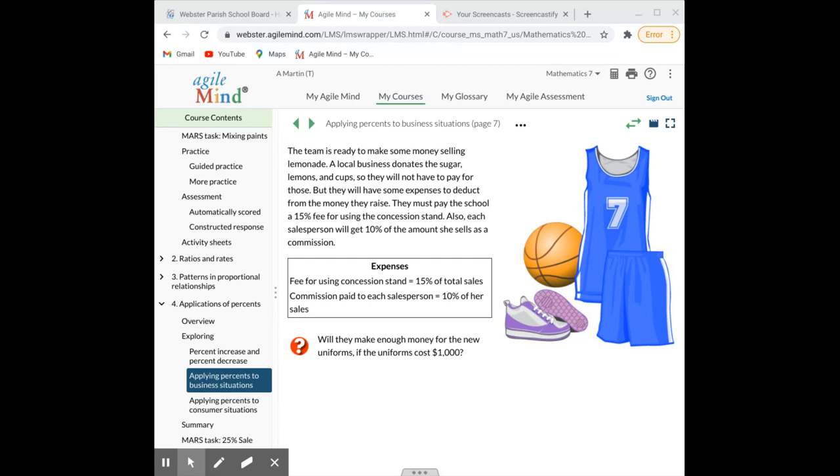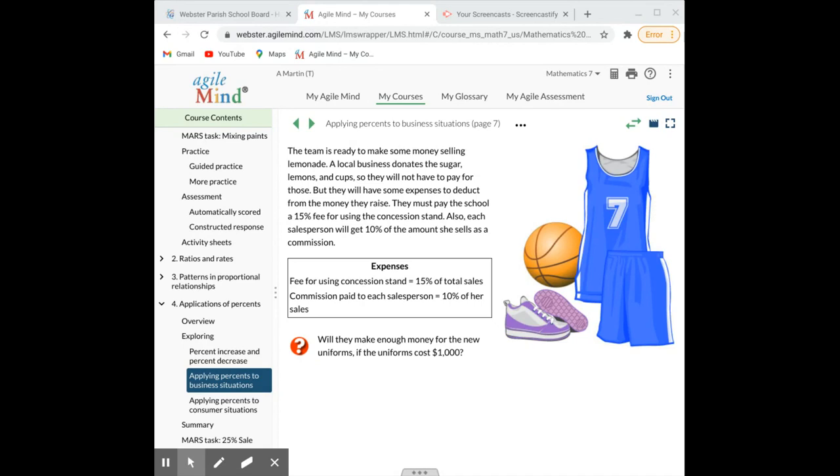What's something else? Is it important for them to have a goal of money to raise? Don't they need to know how much money they need to raise before they try to raise money? Yeah, and each salesperson gets 10% of the amount they sell as a commission. That's right. So they're making money for selling things. So that's a plus always. So all of those are very important.